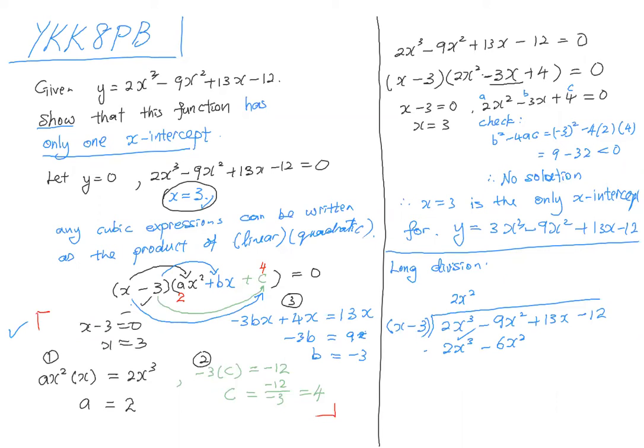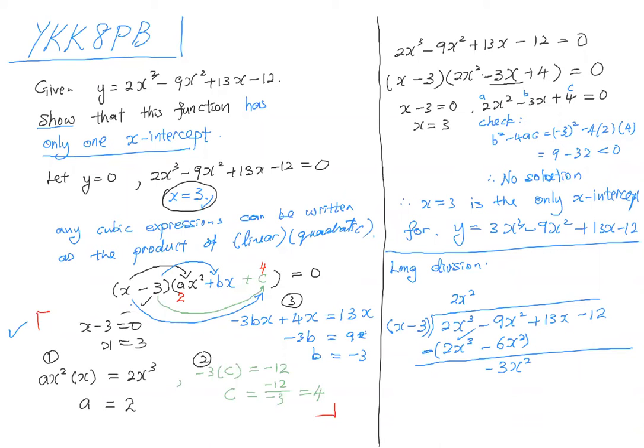So now I have to minus off. 2x cubed minus 2x cubed, no more. Negative 9x squared minus negative 6x squared, I got negative 3x squared. Agree?